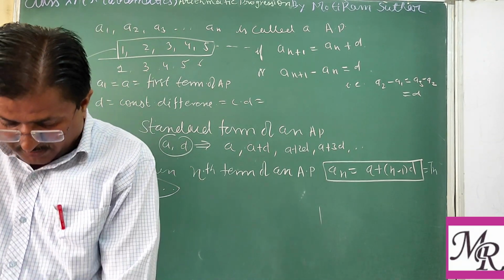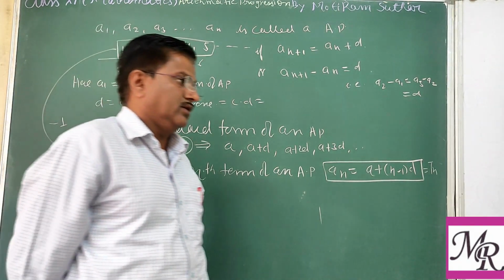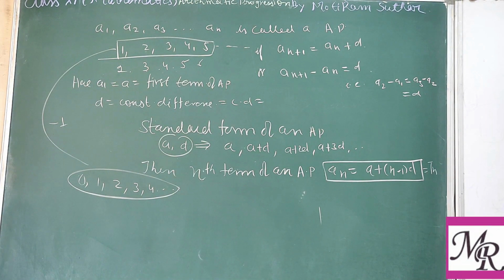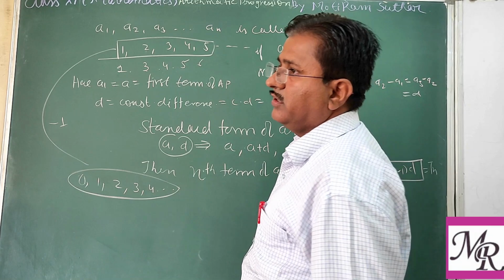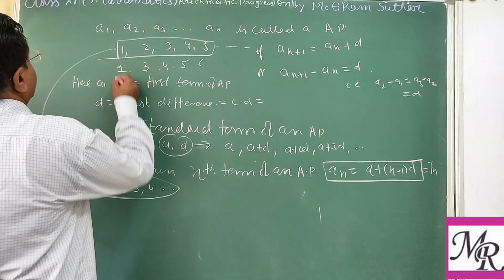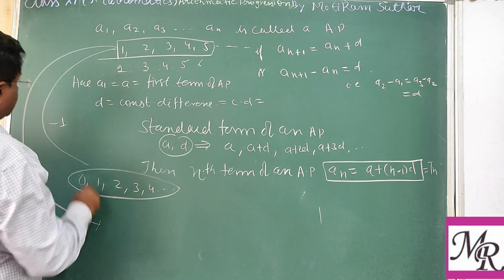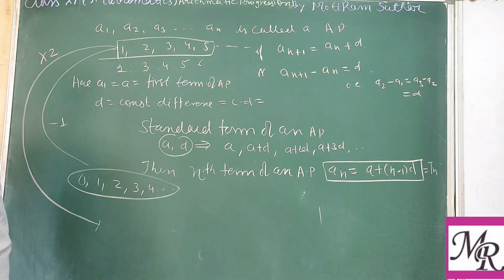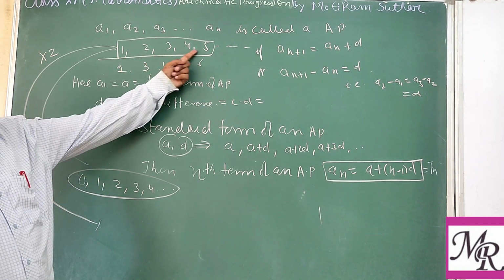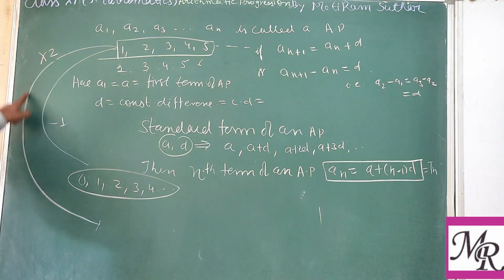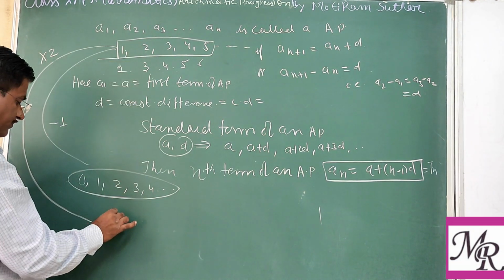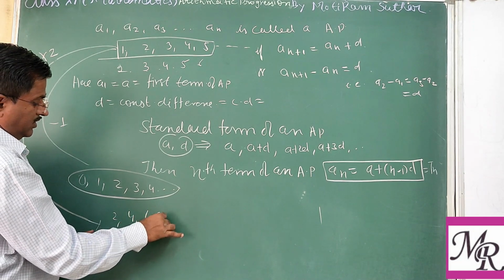Similarly, if each term of an AP is multiplied by some constant, then again the resulting sequence is an AP. Suppose we take the AP 1, 2, 3, 4, 5 and multiply each term by 2. We get 2, 4, 6, 8, 10.